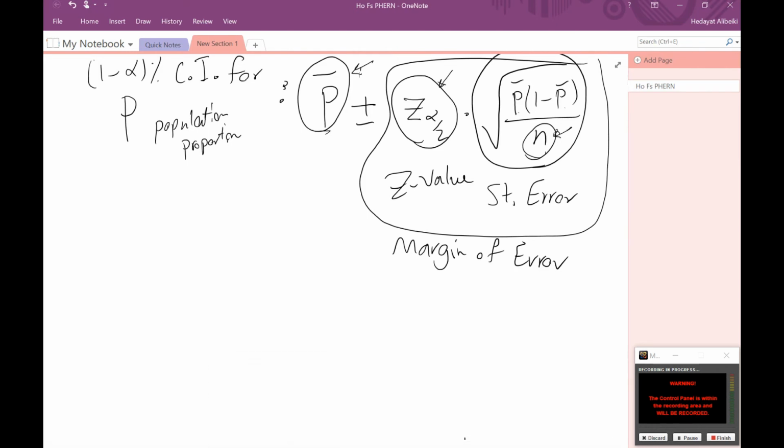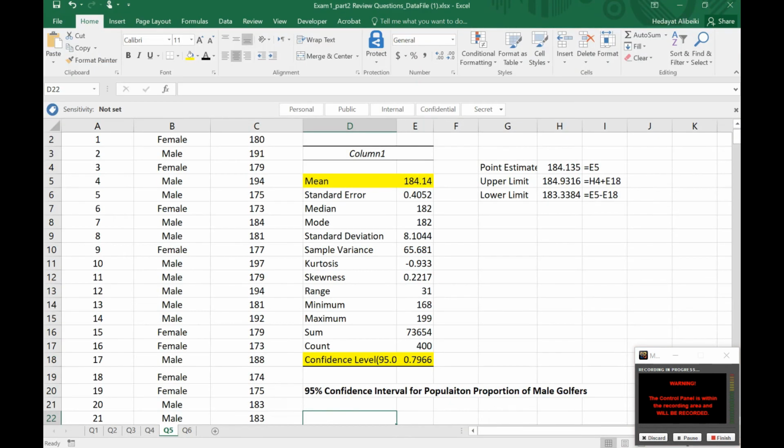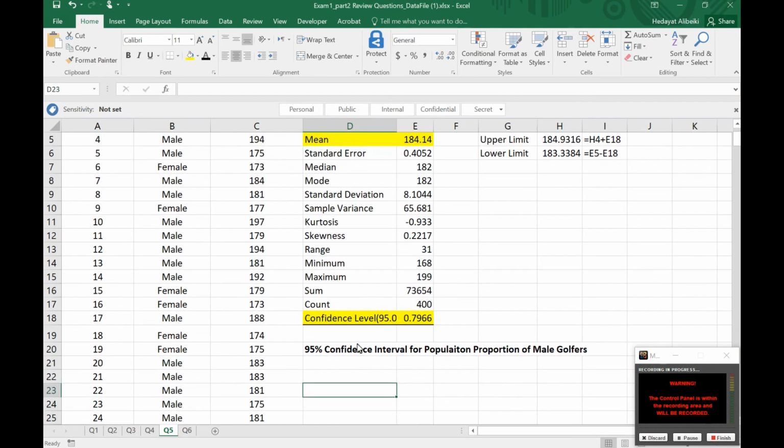If I go back to my Excel sheet, I need to find sample size, and I need to count males. Once I have the number of male golfers, I can calculate sample proportion of males.